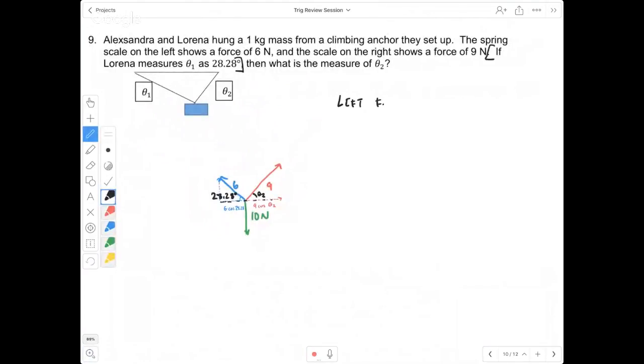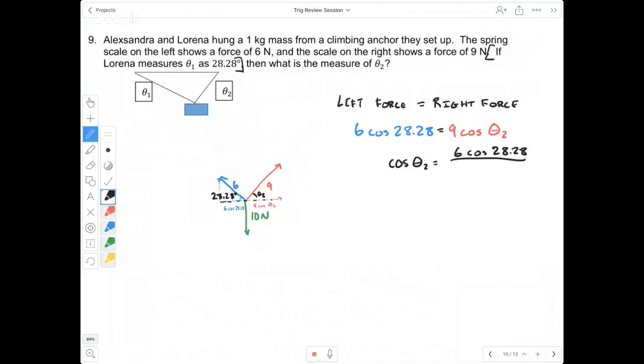Left force equals right pulling force, which means that 6 cosine 28.28 equals 9 cosine theta 2, giving me cosine theta 2 equals 6 cosine 28.28 over 9.